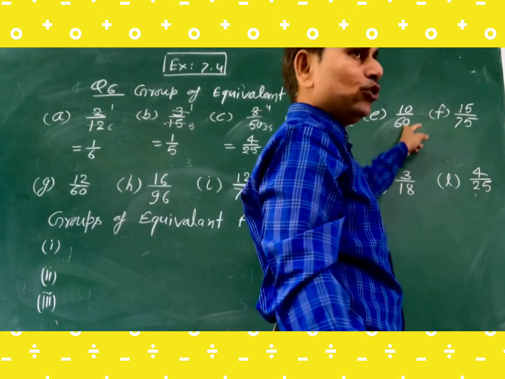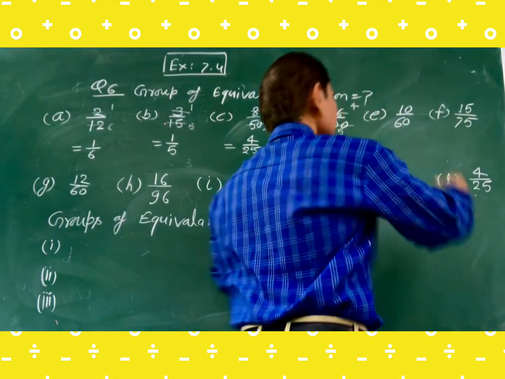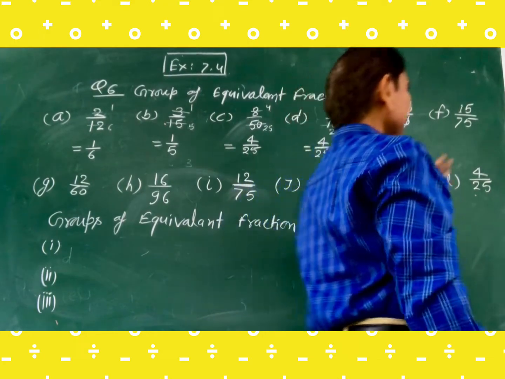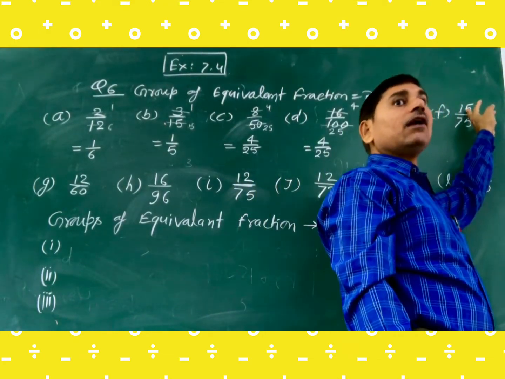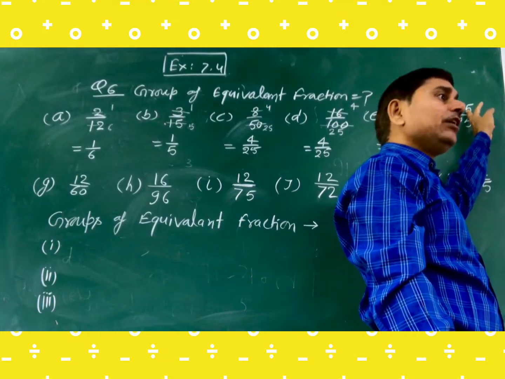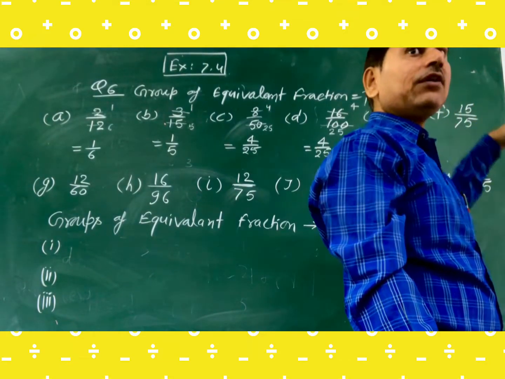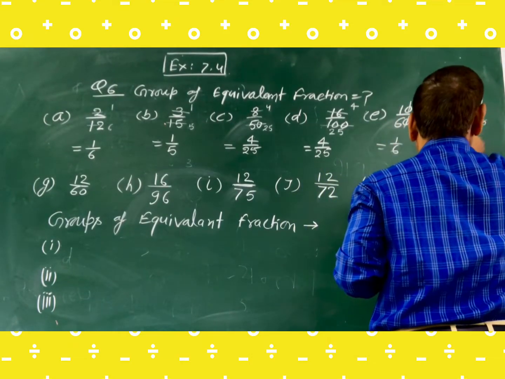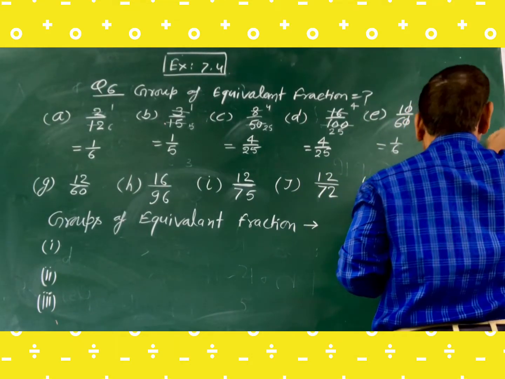And now the zeros cancel out here, so you will get 1 by 6. And now you know the table of 15: 15 ones are 15 and 15 fives are 75, so you will get 1 by 5.